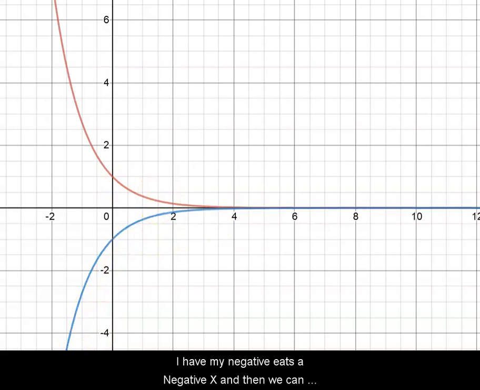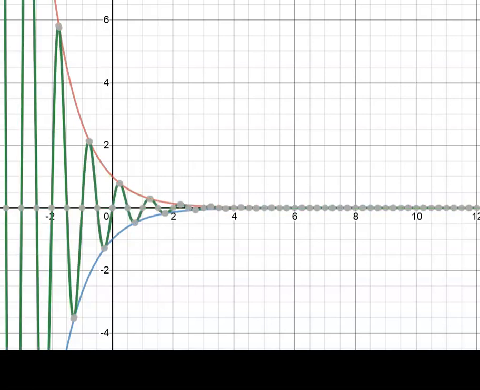And then we can have our final function, which is the e to the negative x times sine 2 pi x. Okay, so as you can see, I am stuck in between the two other functions.